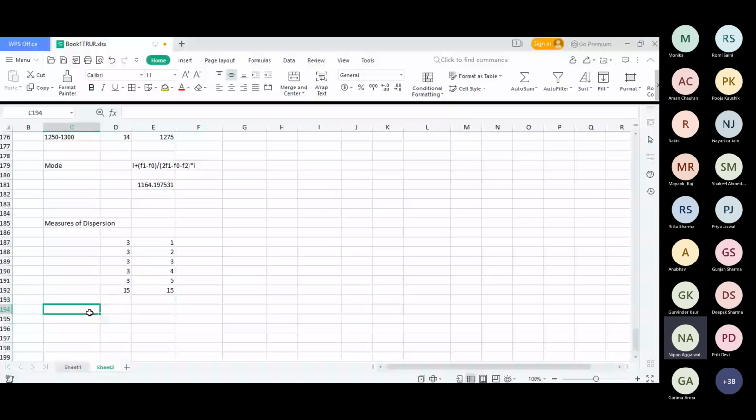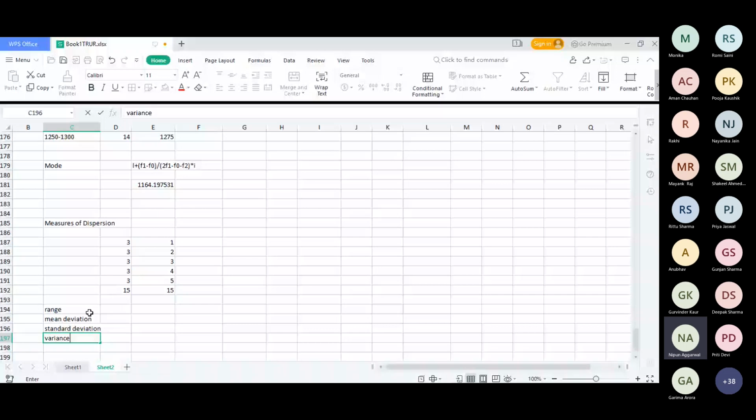The first one is called the range. The next one is called the mean deviation. Then we have the standard deviation, and the fourth one is the variance.